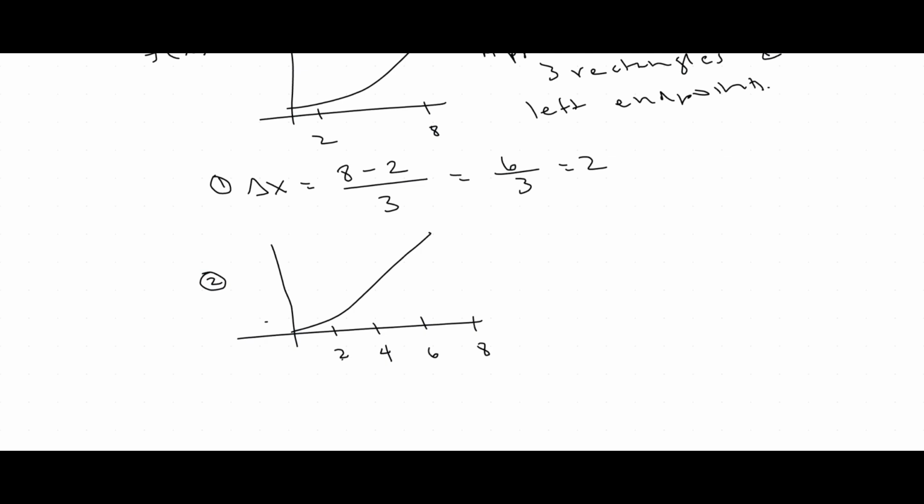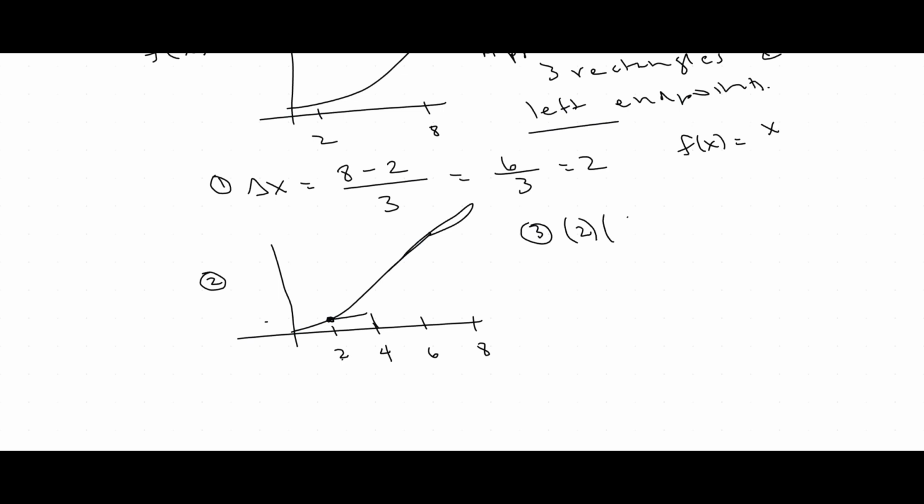And then now I want to just kind of plug in. So if I'm using left endpoints, I'm going to start by plugging in this 2 and go across. So I'm not going to draw each one, but I'm going to have the width of my first rectangle times, I'm going to plug in a 2 into my function, which was x squared over 2. Remember, my function was x squared over 2.